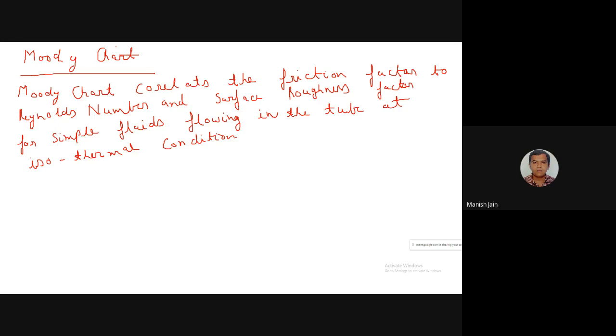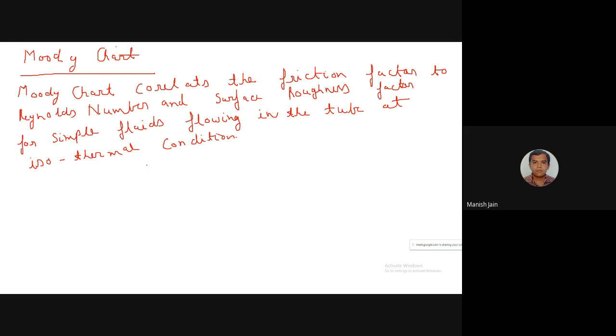This chart is used for rough calculation of the friction factor when you know the Reynolds number and the surface roughness. It is only true for circular tubes, when you have simple fluids like water, simple oil or any simple gas, or when you have isothermal conditions. That means the temperature is not changing throughout the pipeline. So these are the conditions for the Moody chart.